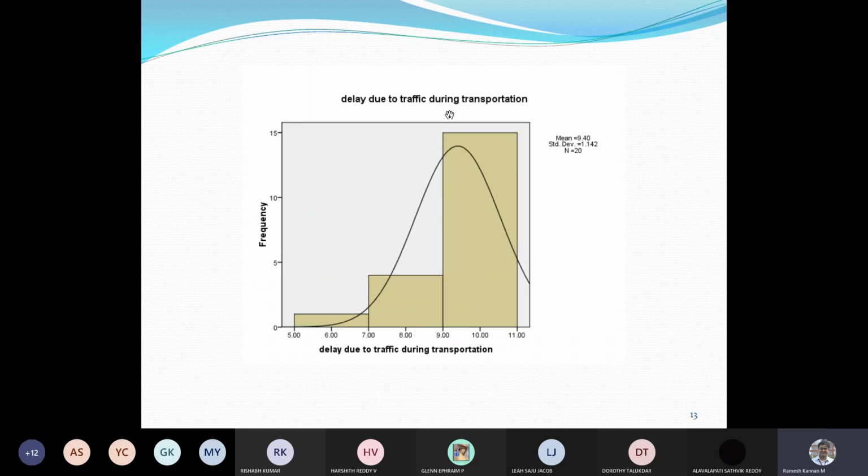Whereas delay due to traffic, right? This is one of the important problems, like the traffic in an urban sector, where if the construction project is supposed to be in an urban area, then transmitting materials to that is pretty risky, especially the RMC.